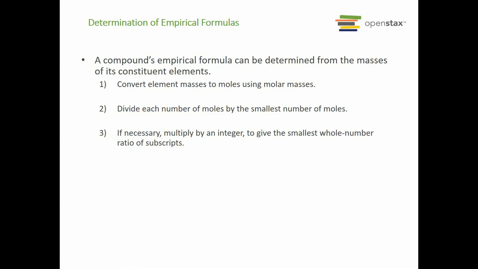And you make a new formula now that has at least one of its constituents with a subscript of 1, or it's normally not written when it's 1. The other possibly has a subscript that's an integer. But if it doesn't, then you multiply the whole thing through by an integer to give the smallest whole number ratio of subscripts. Okay, so let's carry this out.